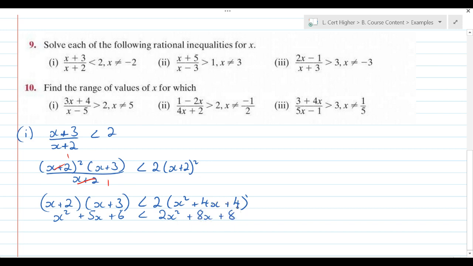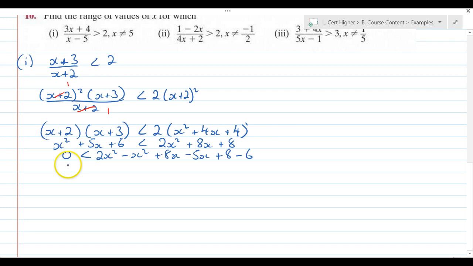Okay, so now I have terms on both sides of the inequality. I'm going to bring them all to one side, and I see that the 2x squared side on the right hand side has more x squareds than on the left hand side. Therefore, to keep the coefficient of x squared positive, I bring all the terms on the left over to the right to give me 0 less than 2x squared minus x squared plus 8x minus 5x plus 8 minus 6.